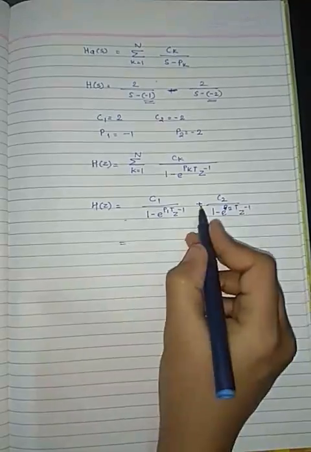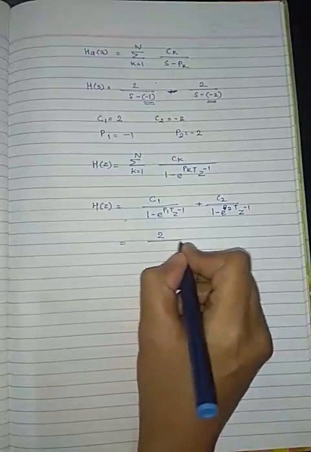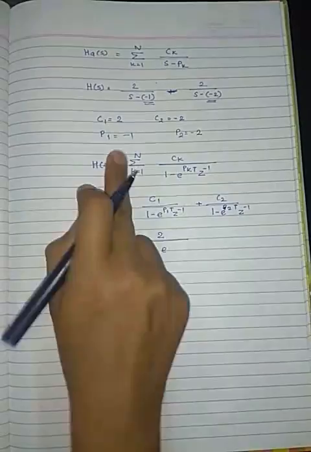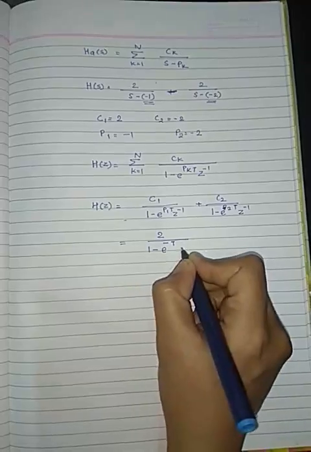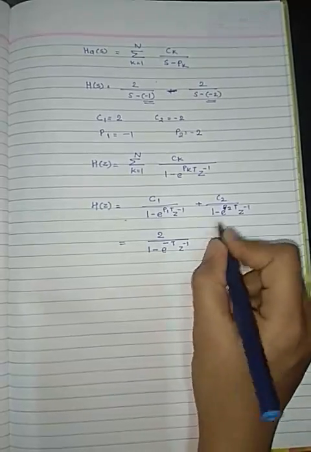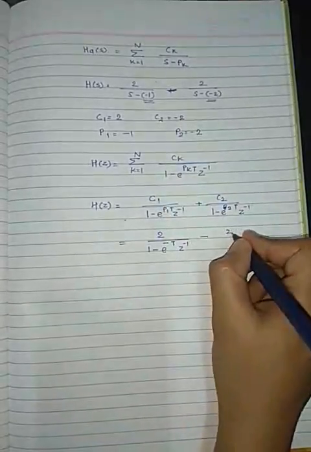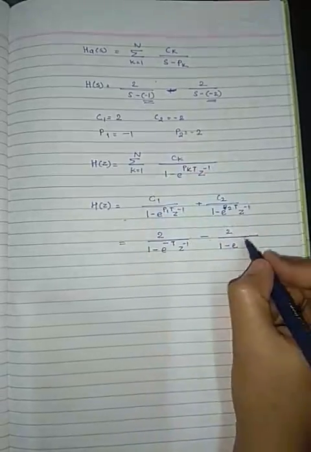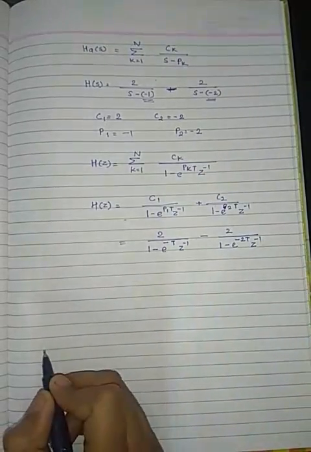Replace the values of C1, C2 and P1, P2. So our equation becomes 2 divided by 1 minus e raised to minus 1 t Z raised to minus 1, minus 2 divided by 1 minus e raised to minus 2t Z raised to minus 1.